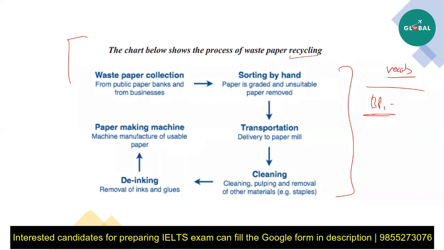Thereon, it is taken to cleaning. In this step, the discarded paper is brought for cleaning and pulping, and removal of other materials like staples also takes place in this very step. Further on, de-inking is done so as to clean the inks and glue. Eventually, it is taken to the paper making machine, where the machine manufactures paper to be used.